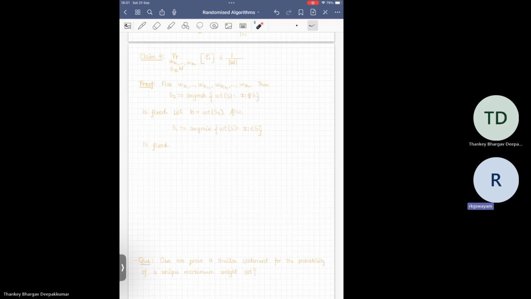Superficially I can understand the things, but actually I am unable to understand what this fixed term here is. Okay, let me rephrase: S2 is fixed means the following. Let's look at all the sets in F not containing xi, right?